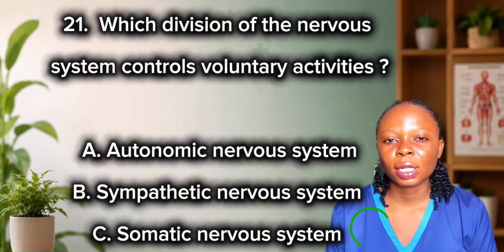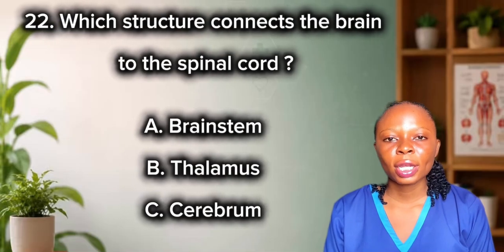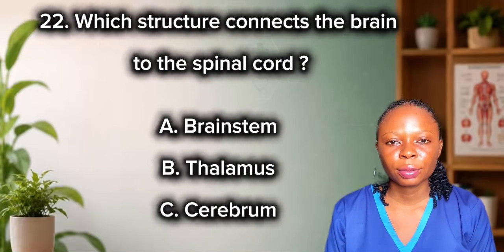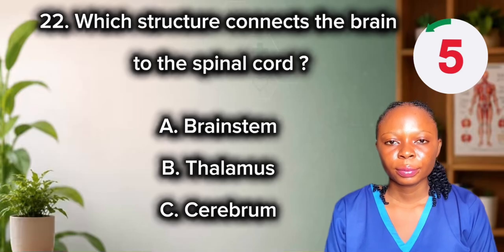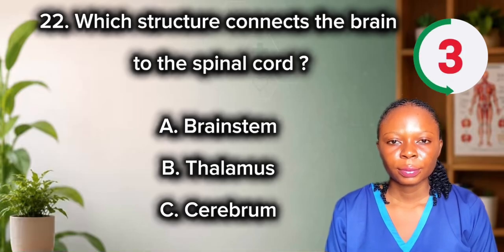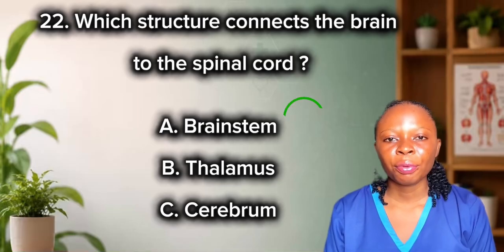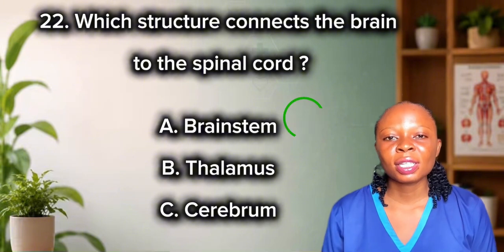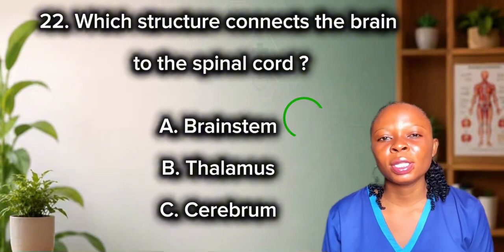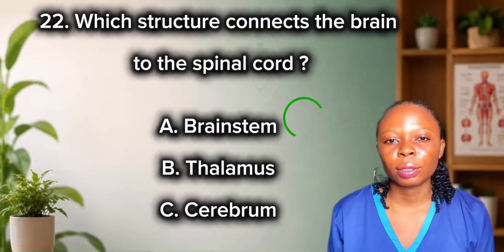Somatic nervous system. Which structure connects the brain to spinal cord? Brainstem. The brainstem serves as the link between the brain and the spinal cord.